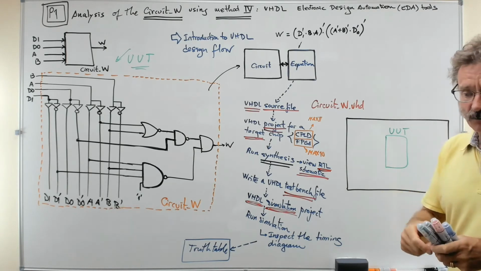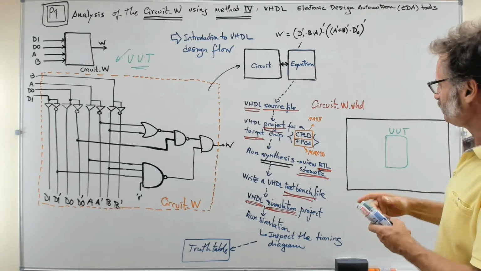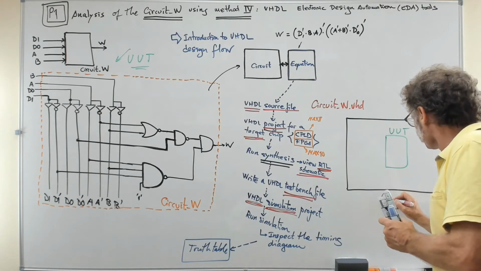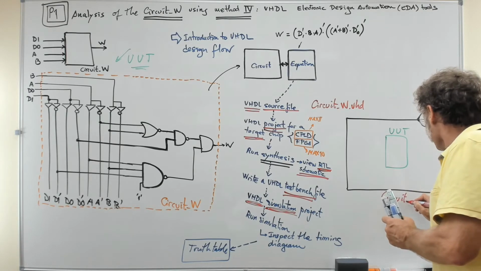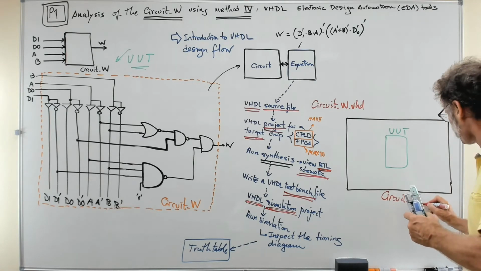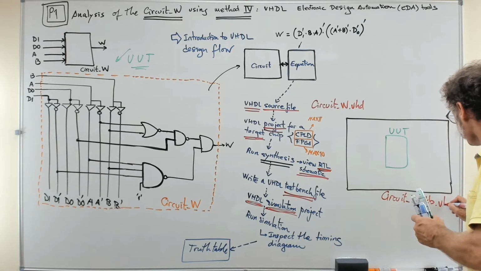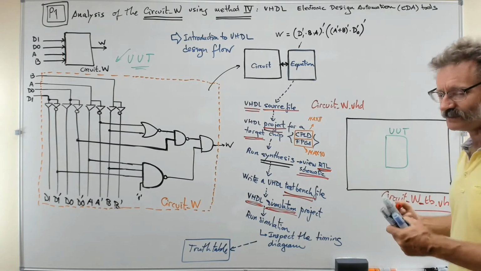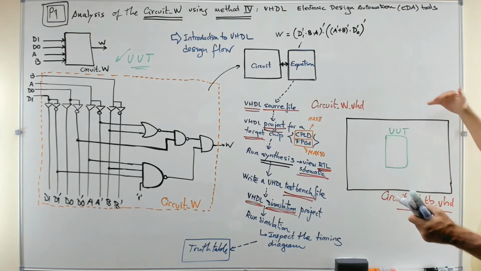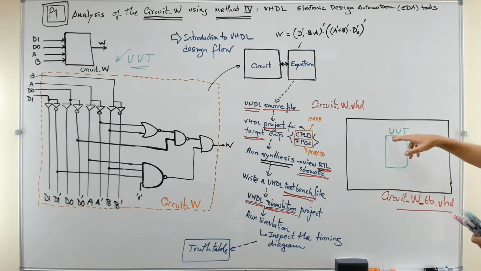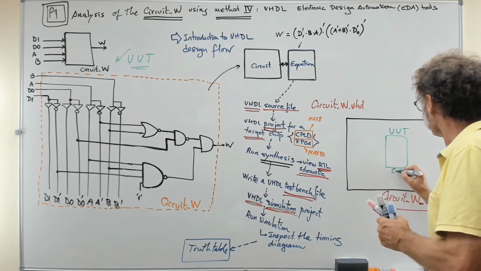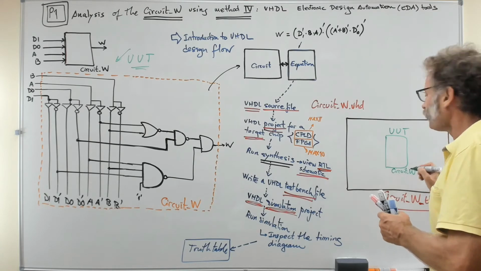By the way, it's going to have a name, right? Let it be circuit W, so circuit W underscore TB dot VHD, because this is nothing but another VHDL file. But now you see it is this enclosed fixture, and inside is the unit under test, which is nothing but the circuit W that you know very well, the one that you would like to test, right?